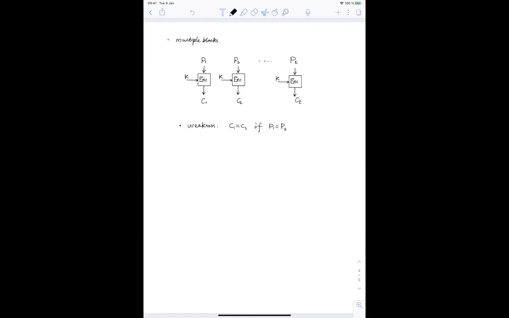Then if we use this simple separate encryption for each block, the output will have some pattern. Let me show you the figure.